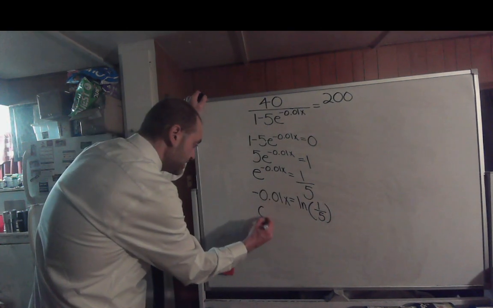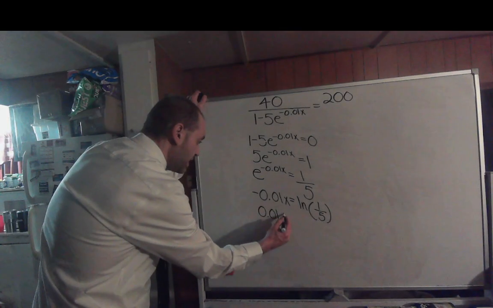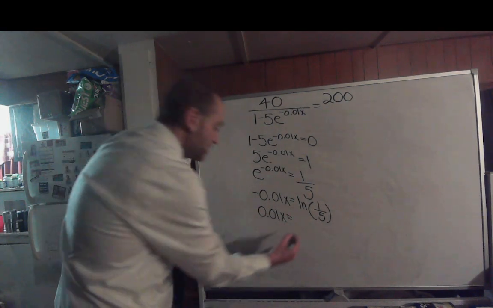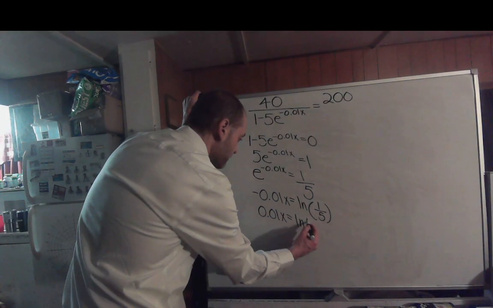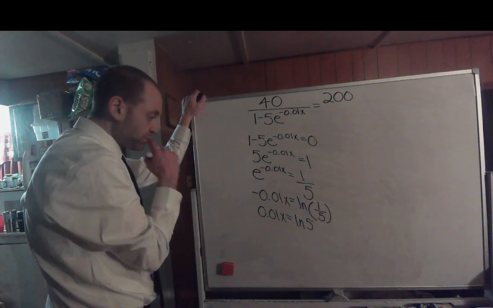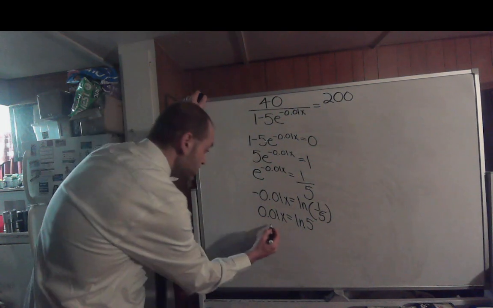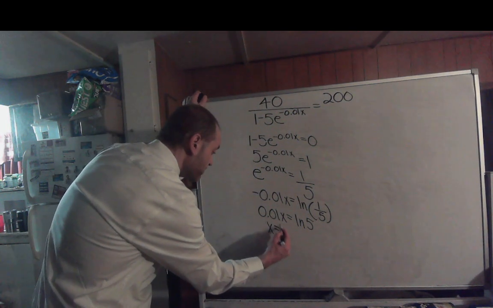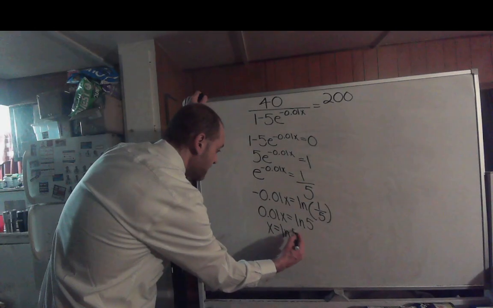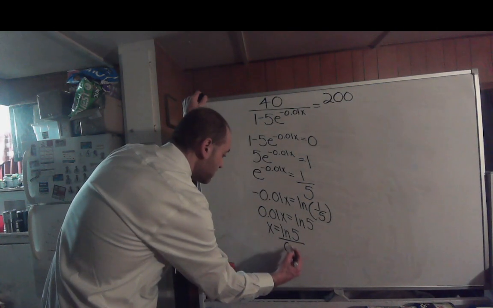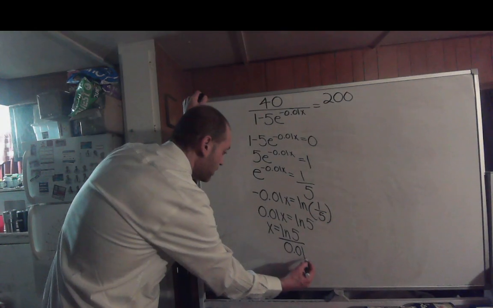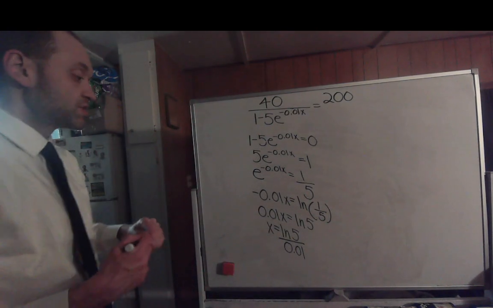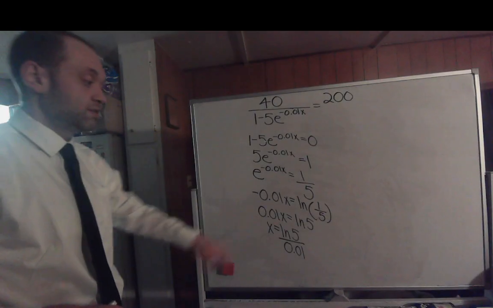which means that 0.01x is going to equal the natural log of 5. So then x would equal the natural log of 5 divided by 0.01. That is going to be the extraneous solution.